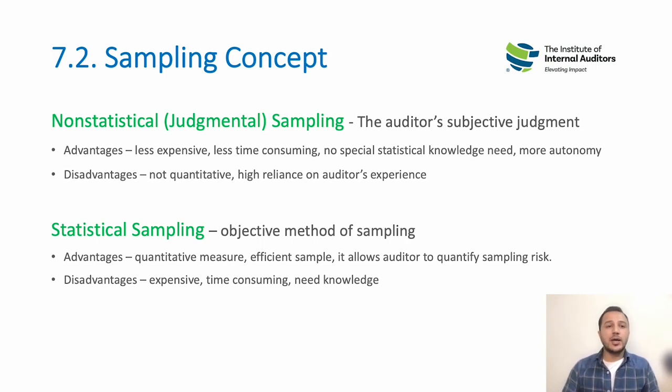On the flip side, statistical sampling could overcome certain drawbacks of judgmental sampling, which means that we can quantify more, we can have a standard error rate, we can calculate the standard deviation, and it is more efficient.